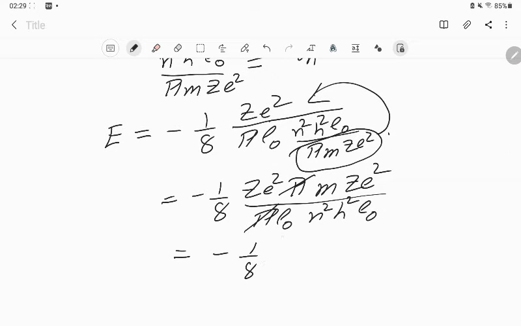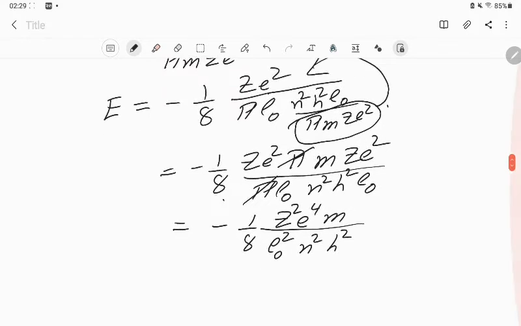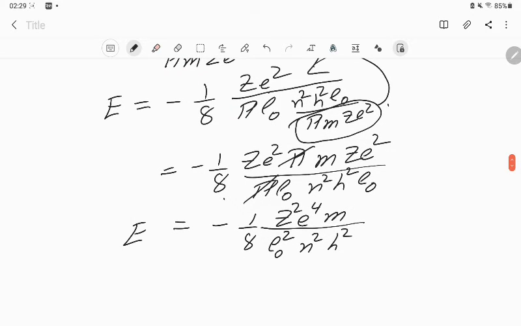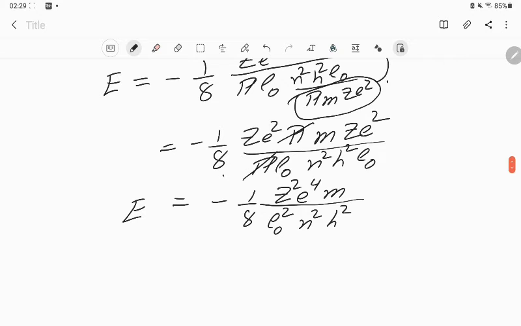Minus 1 by 8 Z squared. There are two Z, so Z squared. E will become E to the power 4, m, divided by 8, already written. Here also we have 2 epsilon naught squared n squared h squared. Now here Z is a constant for an atom.